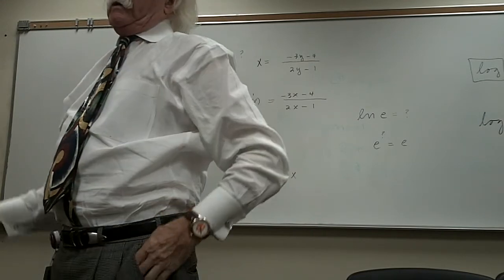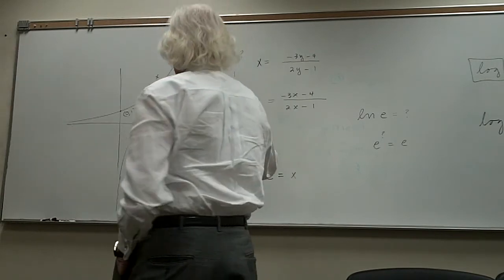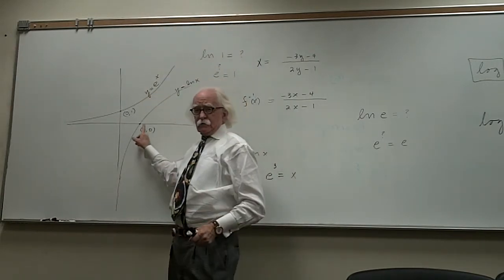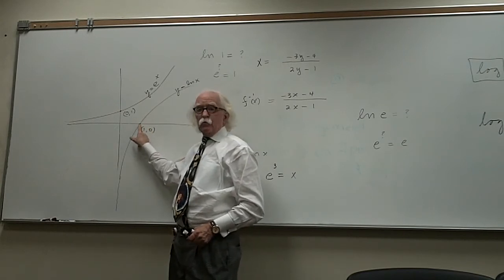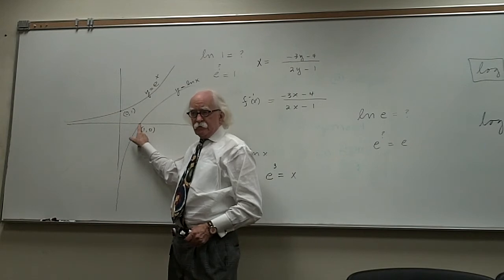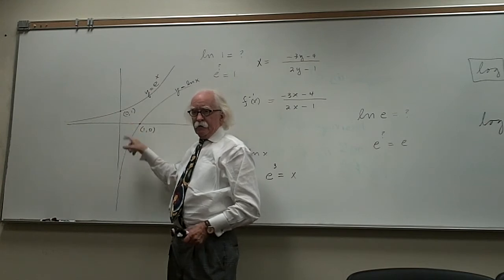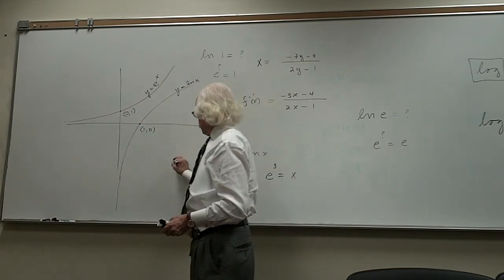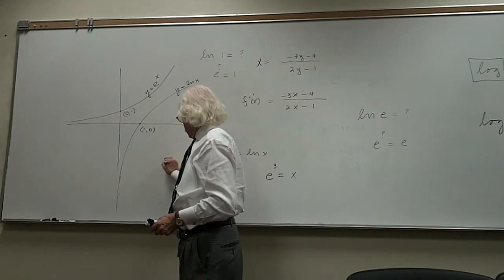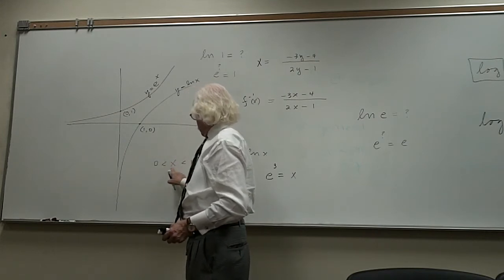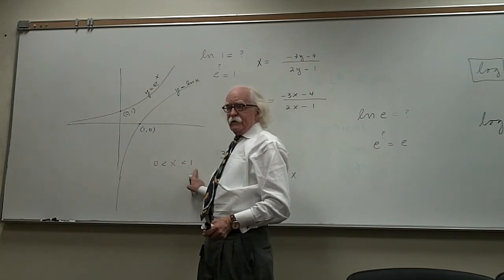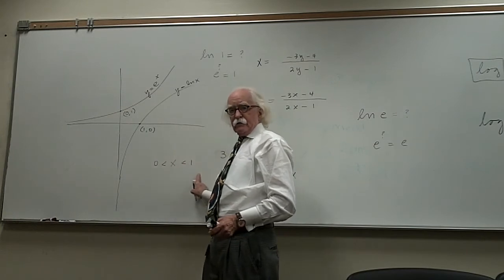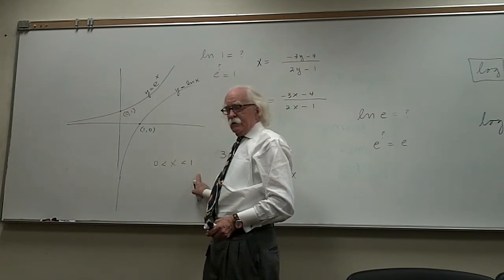I think what's important that you know is this: if you take the natural log of a number less than 1, in other words some number between 0 and 1, not including the 0 and not including the 1, okay?